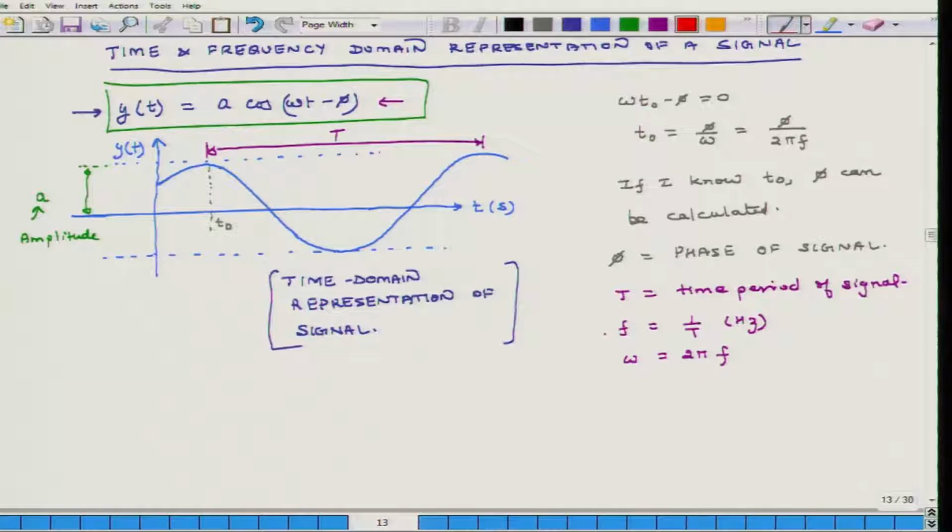So, I know everything about this signal if I know the frequency. If I know the frequency, then I can calculate omega, I can calculate T, right. So, this is an important parameter. The other important parameter of this signal is amplitude, right, and then the third important parameter is this phase.